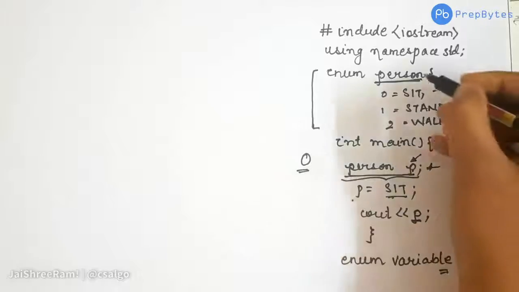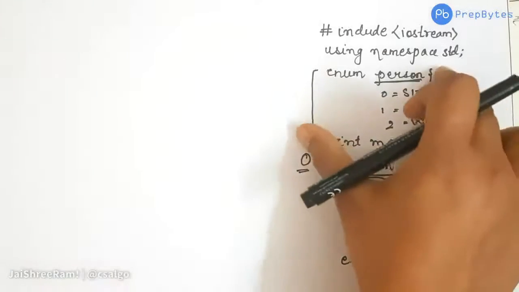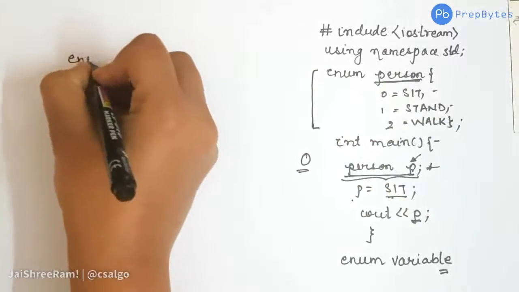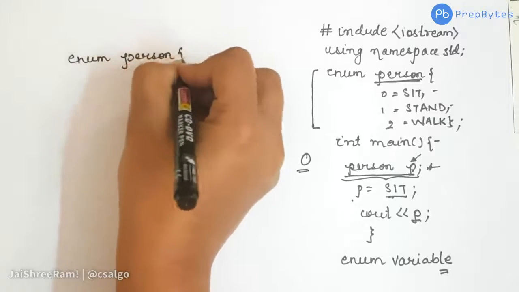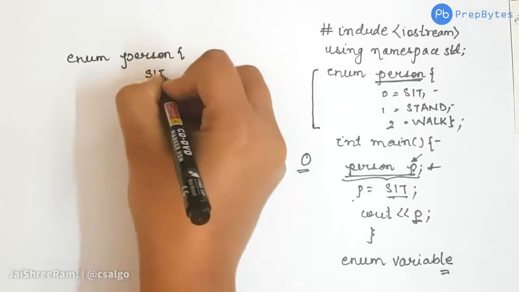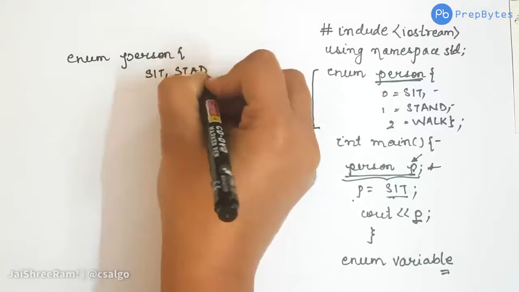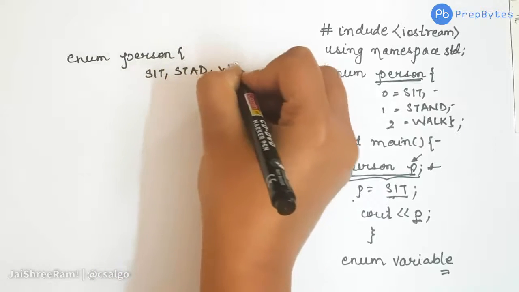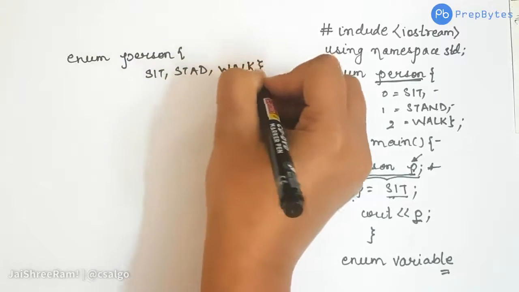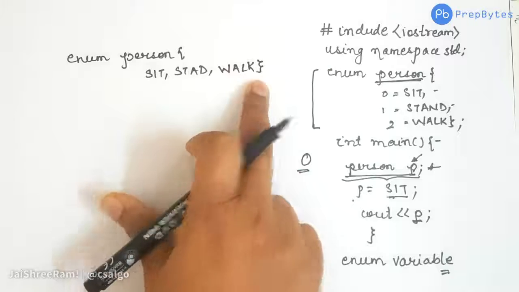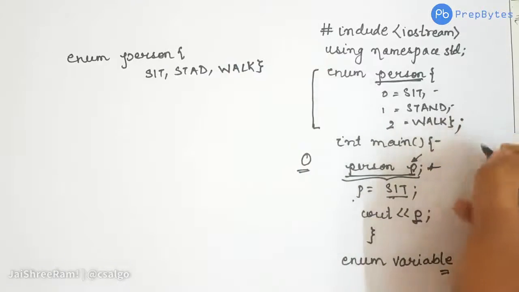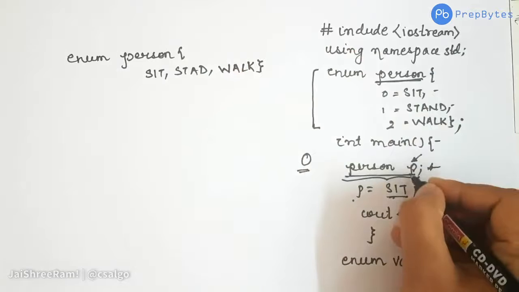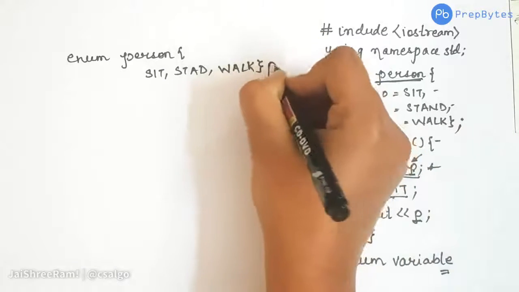The other way to declare an enum variable is, when we are writing enum, we can simply write enum person sit, stand, walk, and just after closing the curly braces, we put a semicolon here. Before the semicolon, I declare this particular enum variable, which is p.